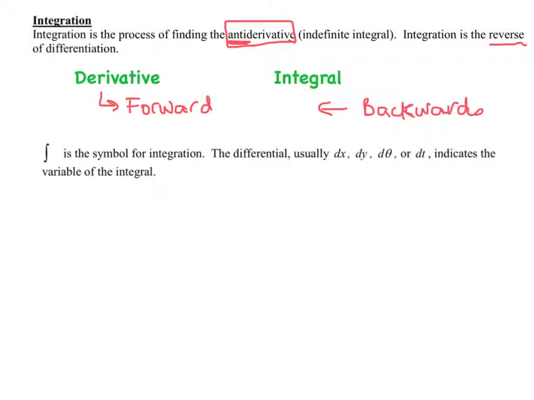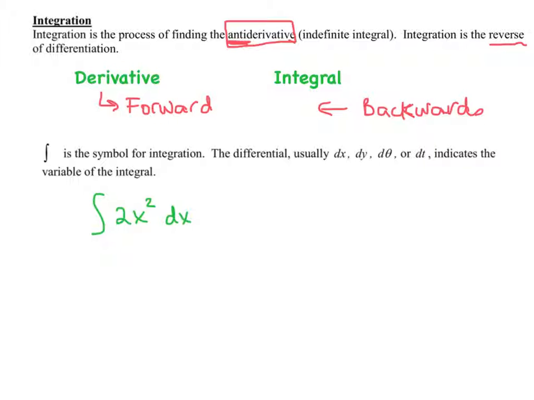The differential, usually dx, dy, d theta, or dt, indicates the variable of the integral. So kind of like when we take the derivative with respect to x, we say dy dx. Now when we're doing integration, we take the integral and we also have to indicate the variable of the integral. So for example, if I'm taking the integral of 2x squared, afterwards I would say dx.